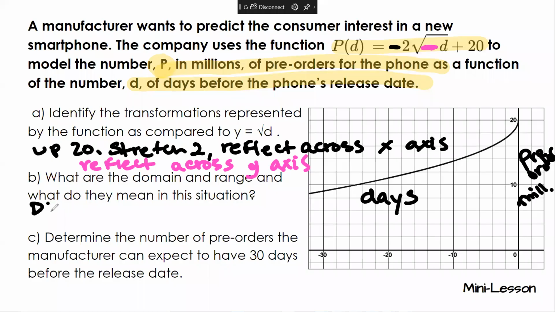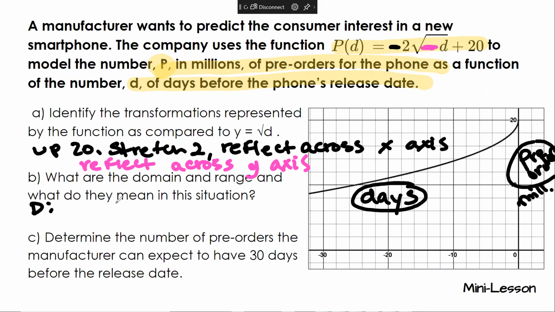For domain, what does the domain represent? What do my x values represent? Days. And the y's, so my range, are going to represent what? The number of pre-orders, right? The number of phones that we're actually trying to sell. Okay, so for my domain, we have to look at the number of days until the release date, right?